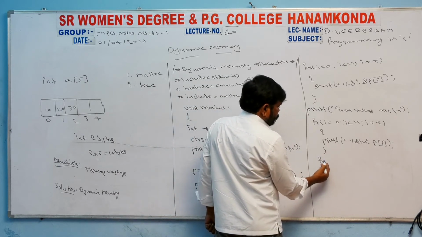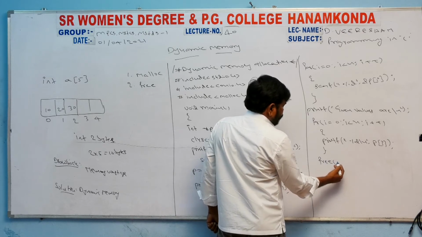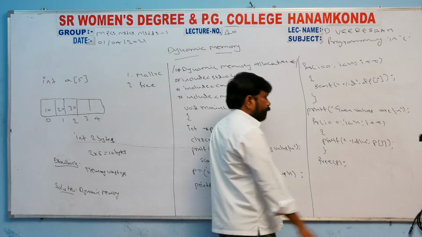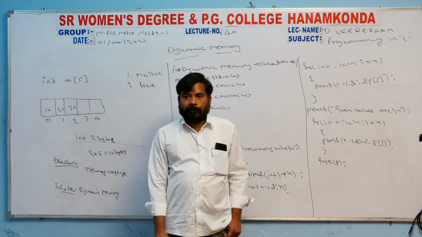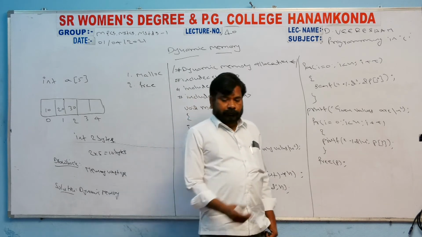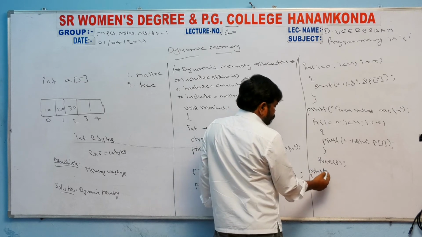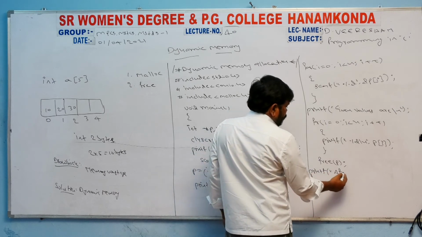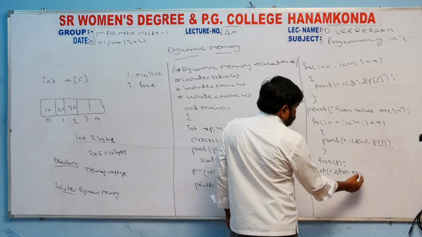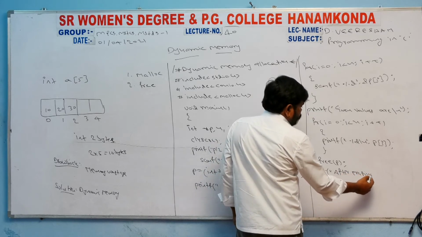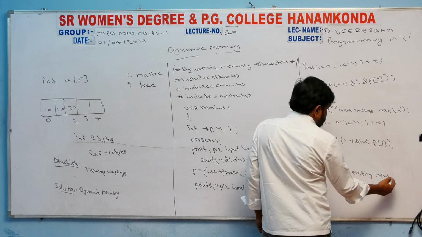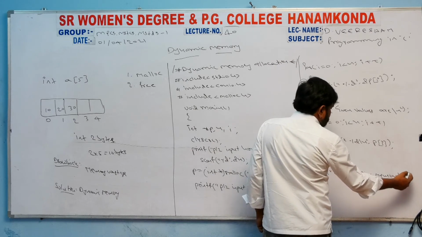Here free. Here the variable will be p. The pointer variable is p. Now again we are trying to print the values. What happens? Print it after erasing memory.